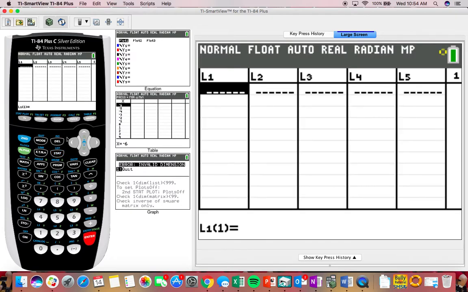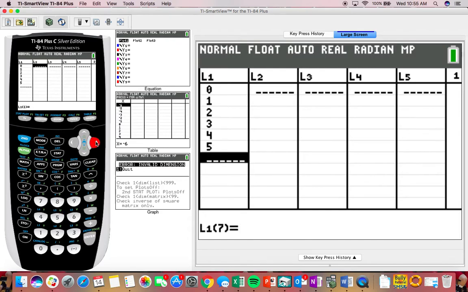That will open up a menu where there's a whole bunch of lists. In list 1, put in all of your trial numbers. And again, remember, do not include the last one. For me, that means I only got up to 5. So I type in 0, press enter, 1, enter, 2, enter, 3, 4, and 5.